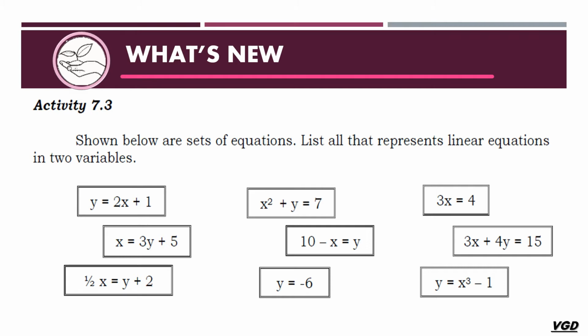So we have here y is equal to 2x plus 1, x is equal to 3y plus 5, 1/2 x is equal to y plus 2, x squared plus y is equal to 7, 10 minus x is equal to y, y is equal to negative 6, 3x is equal to 4, 3x plus 4y equals 15, and y is equal to x cubed minus 1. So I believe you can just do it on your own. Good luck!